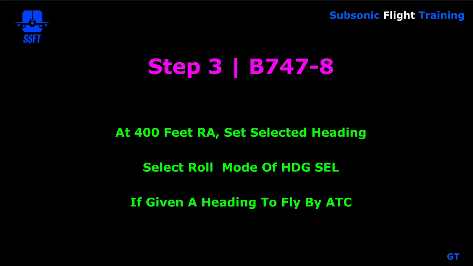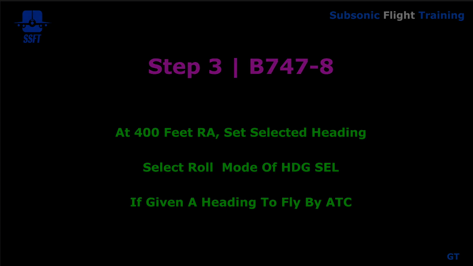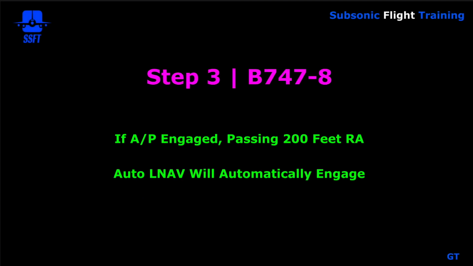So that's no different than the 400. We have to select a roll mode, meaning heading select, at 400 feet, and then fly the assigned heading by ATC. No difference there. But what is different is that you do get what's called an auto LNAV feature on the 747-8.